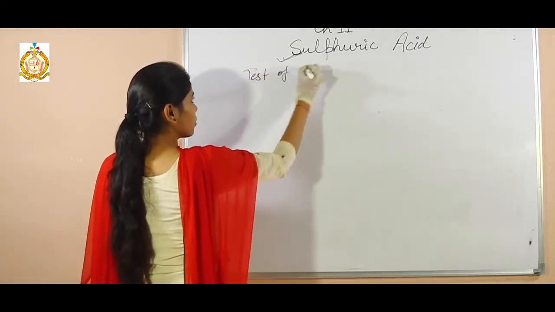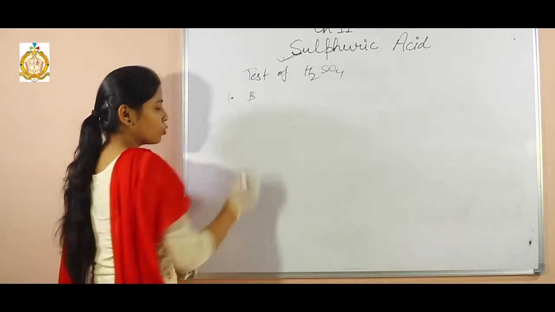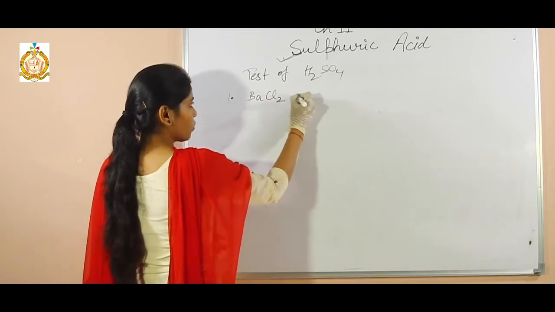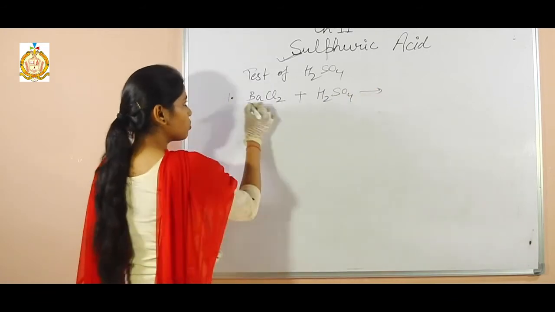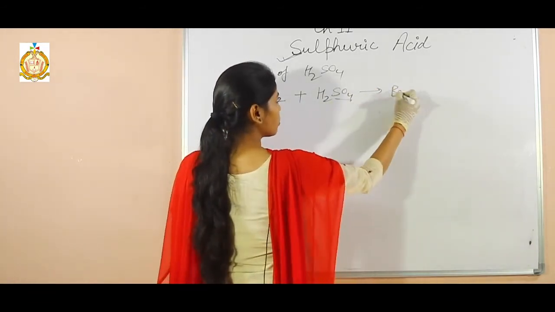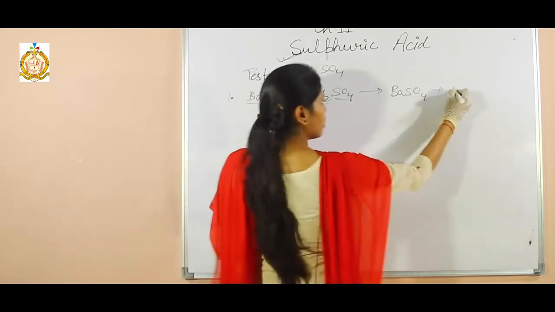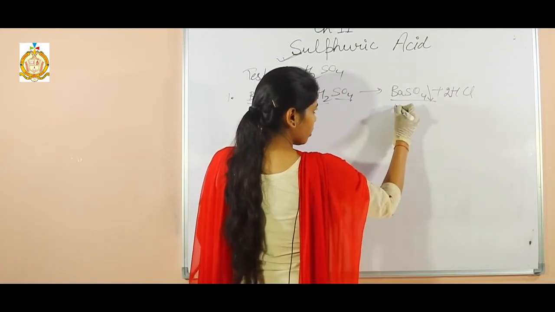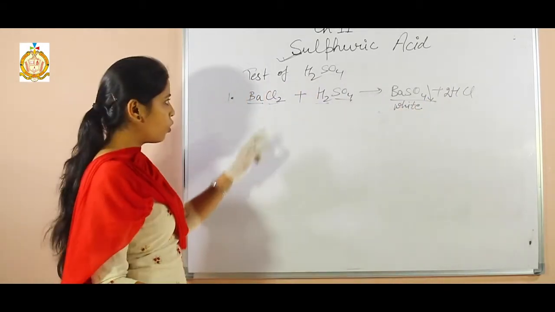The first one is barium chloride, BaCl2, because when it reacts with sulfuric acid, it forms barium sulfate, BaSO4, plus 2HCl. The precipitate formed is white in color.